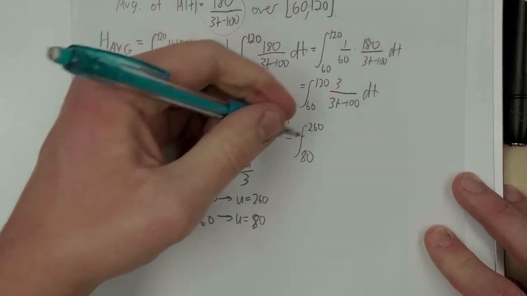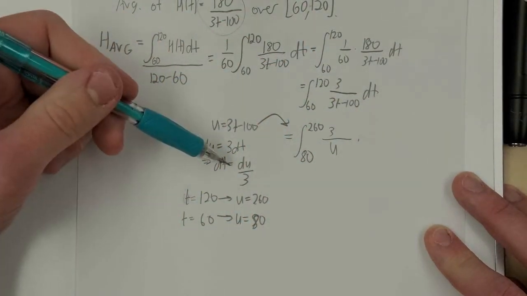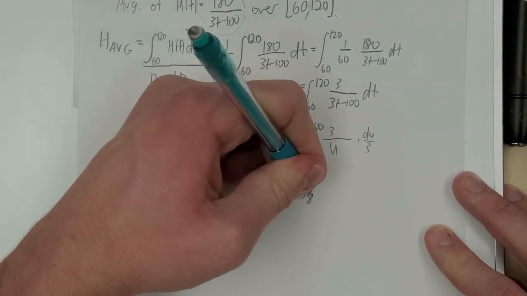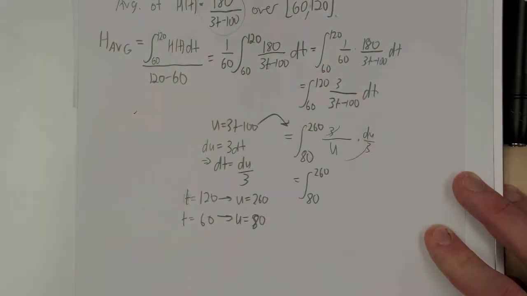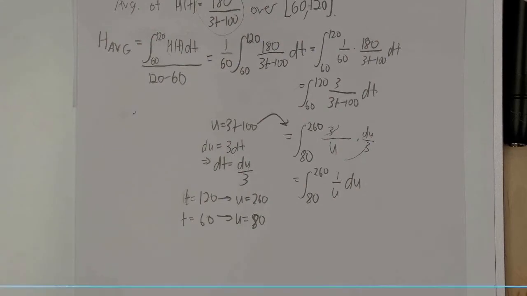So we have 3 over, in this case, just u, times dt, which is du over 3. So that's the integral from 80 to 260 of, well, these 3's pretty nicely cancel each other out. So we're just left with 1 over u du. Okay? So, as we've already seen, that has antiderivative of what?